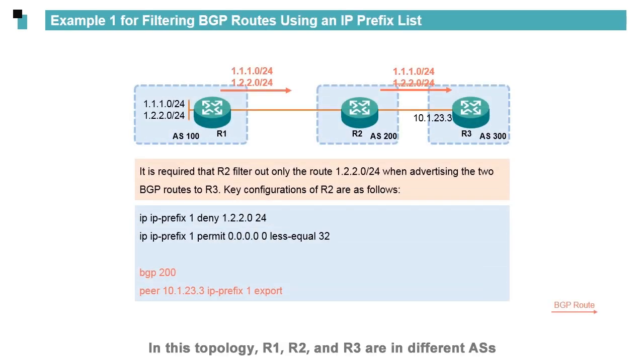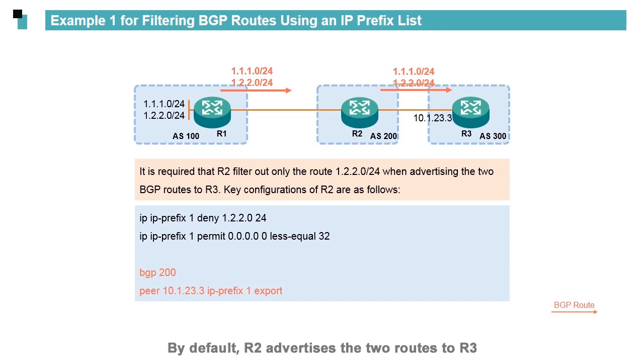In this topology, R1, R2, and R3 are in different ASs and maintain eBGP peer relationships. R1 imports two direct routes, 1.1.1.0/24 and 1.2.2.0/24 to BGP and transmits them to R2.